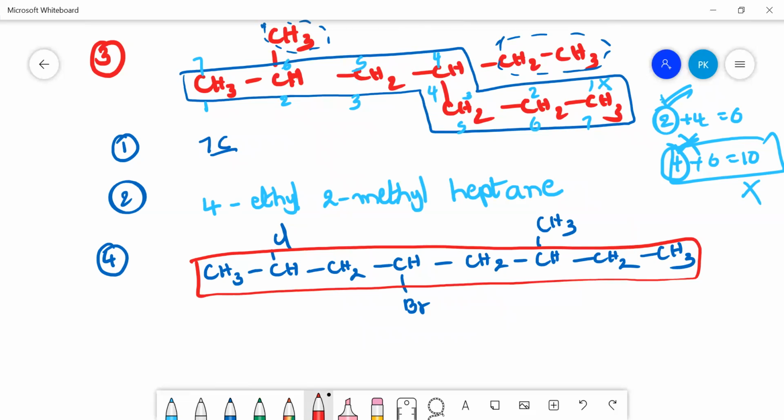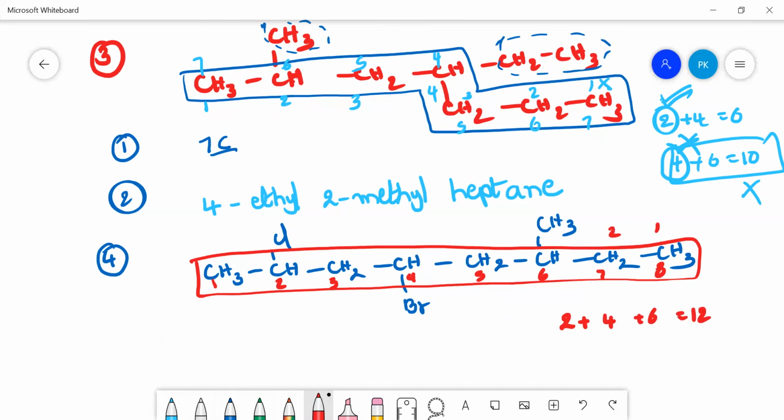Then what you have to do, numbering you should give. How to give numbering? Here, let me tell you. See, from this side if I start giving numbering, 1, 2, 3, 4, 5, 6, 7, 8, on the second position we have a substituent, fourth position and sixth position, together is 12.